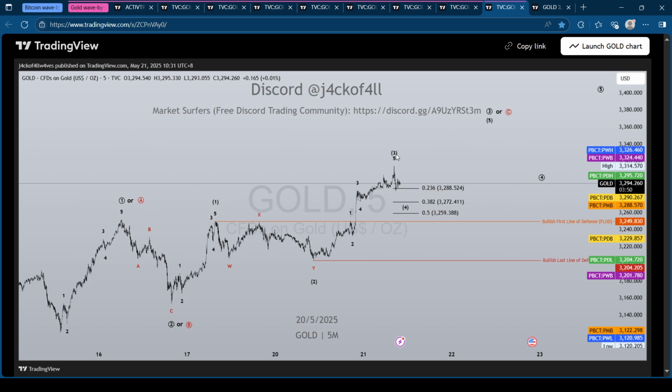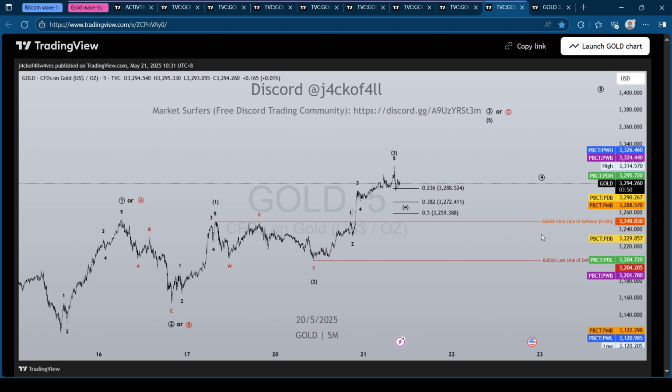I considered that there will be a correction after completing the internal waves of the third wave here, and usually the retracement area for wave 4, the parenthesis wave 4 here, is around 0.236 or 23.6%, 38.2% up to 0.5, or any price above the territory of wave 1. Just like what I have said, in an impulse motive wave, wave 4 should not go beyond the territory of wave 1.